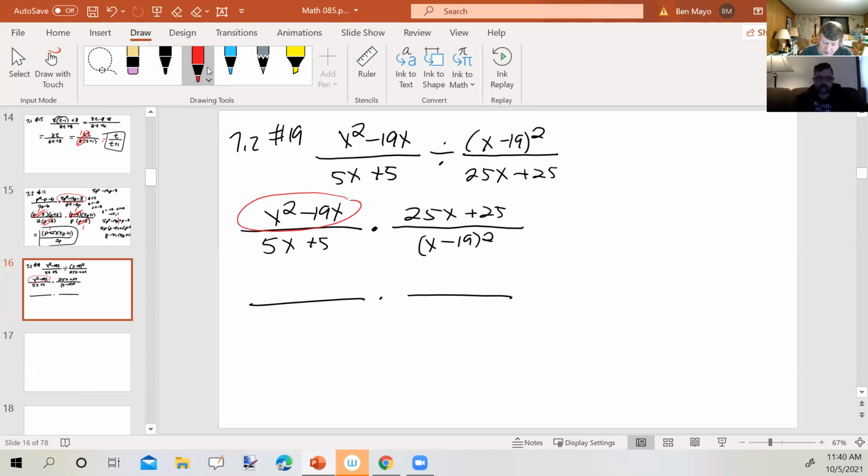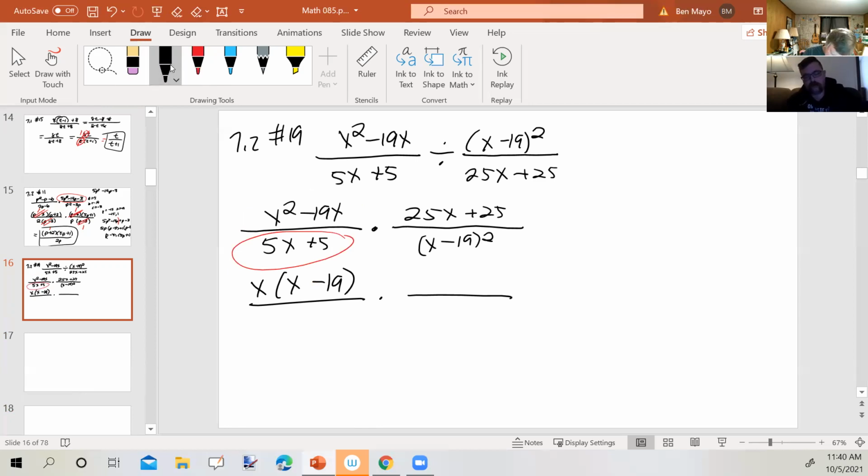This one, x squared minus 19x, I can factor out a greatest common factor of an x and have an x minus 19 left over. This one, I can take out the greatest common factor of a 5 and have x plus 1 left over.